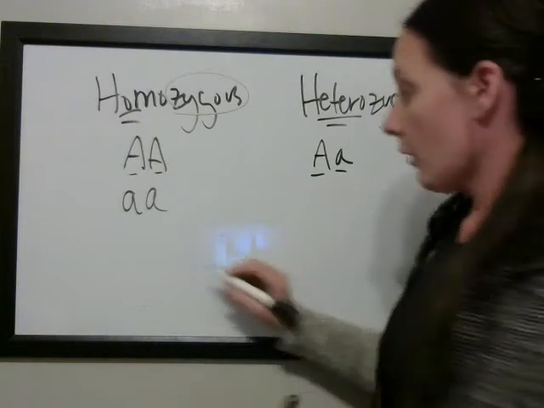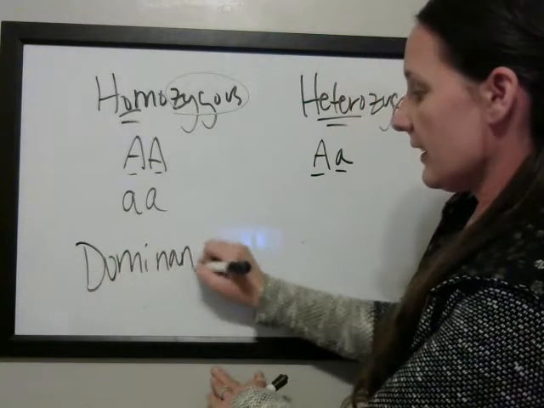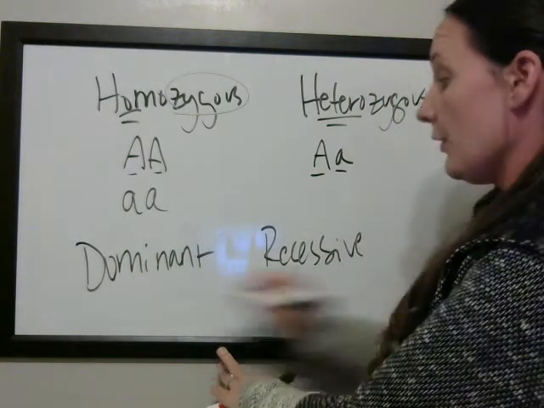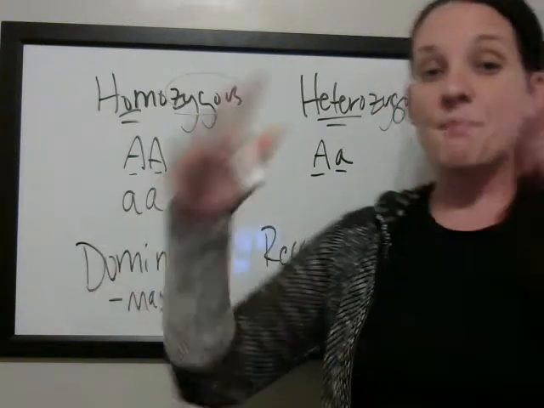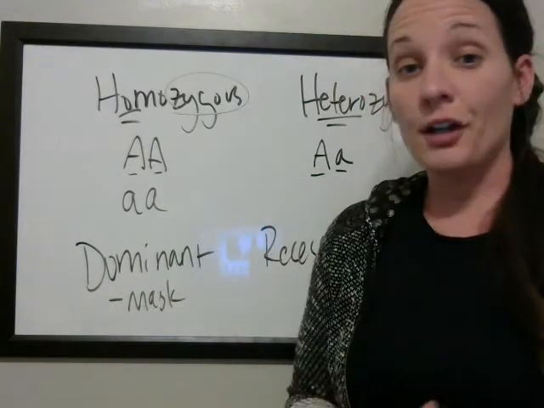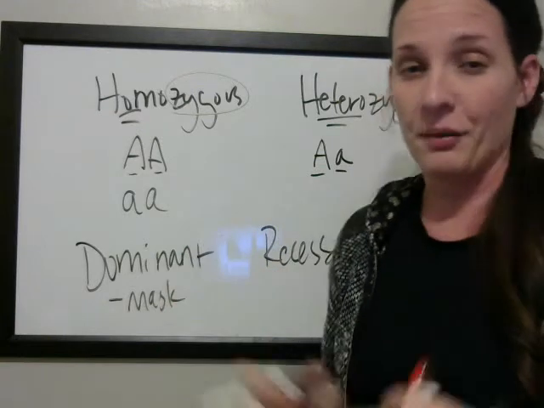Another set of terms you're going to want to write down is dominant and recessive. If you are a dominant allele, you mask. You're the big daddy, the guy who matters the most. A dominant allele will overcome what we call a recessive one. A recessive one is kind of like the weakling, if you want to think of it that way.